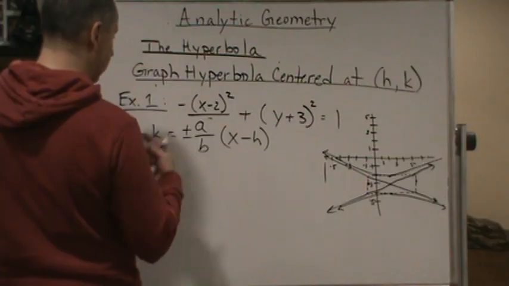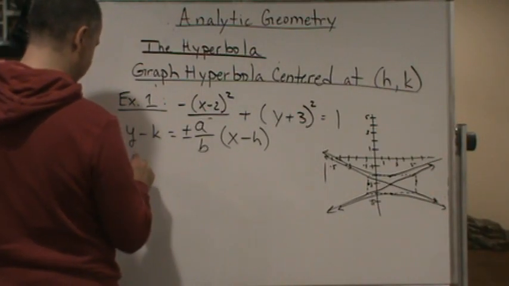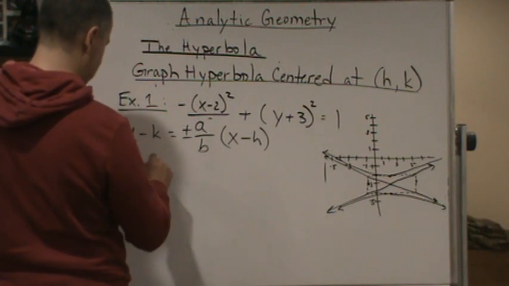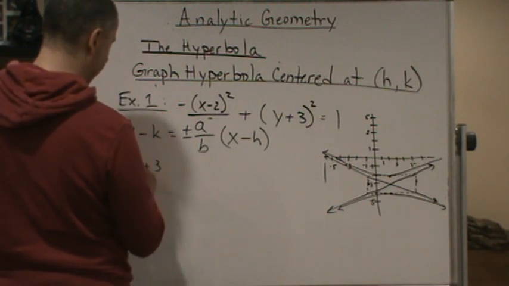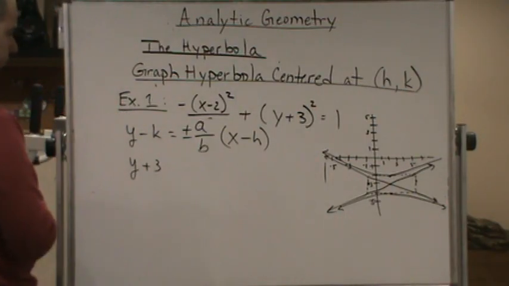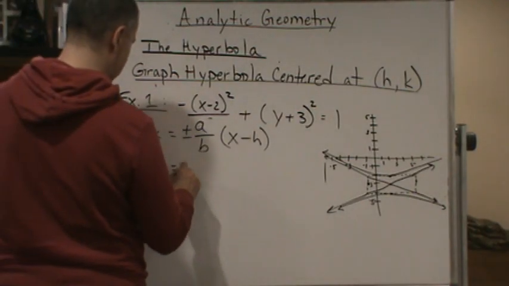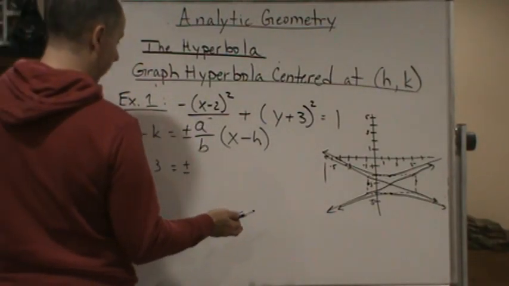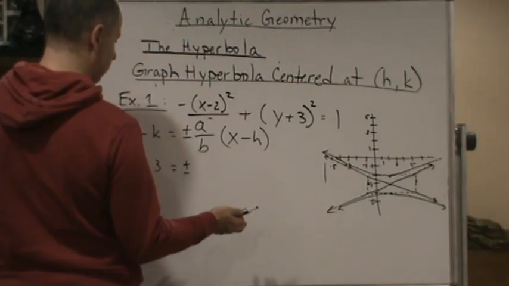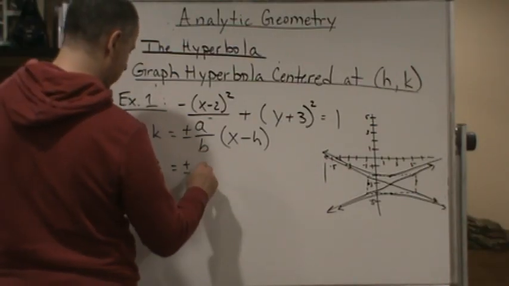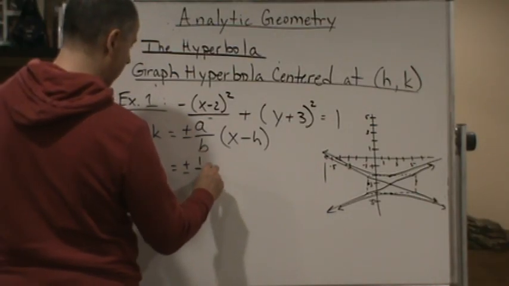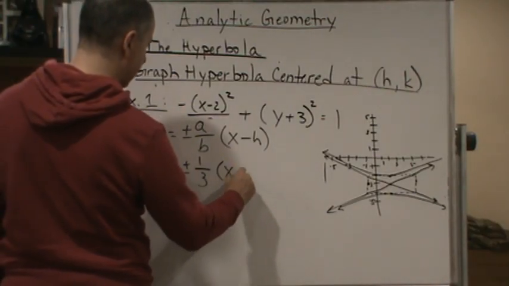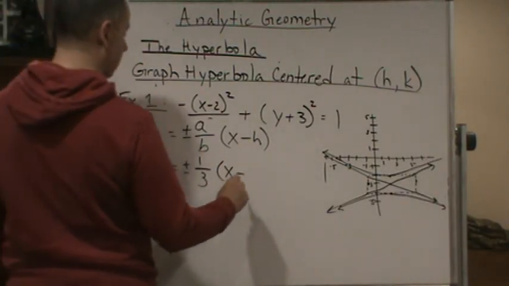So now all we have to do is plug it in, right? And simplify. So this would be y minus -3, which would be plus 3, equals plus or minus, now a is equal to 1. Yes, a is equal to 1. And b is 3. And then it's going to be x minus h, which is 2.